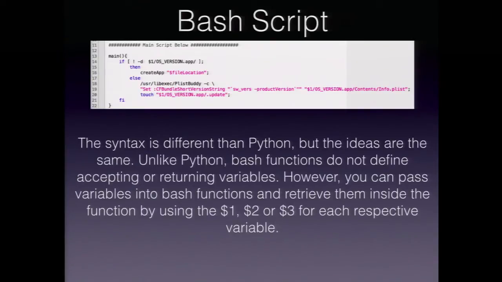Super simple. We just go ahead and tell it the CF bundle short version string, which is the field that Absolute Manage looks at when it wants to make a decision based on an app. And we call this executable SW production version, and that will return a string value 11093 or whatever you're running.